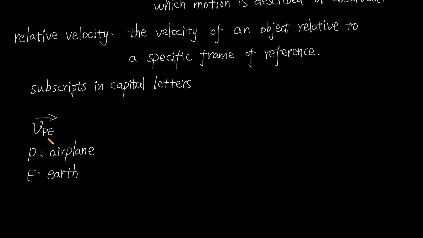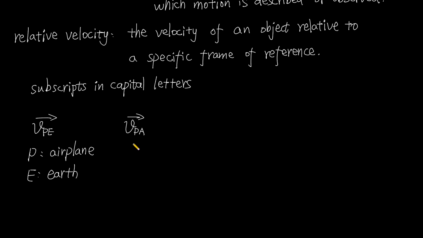So we look at here. The object is on the left and the frame of reference is on the right. Similarly, we can use this symbol to represent the velocity of an airplane relative to the air, or in other words, the velocity of an airplane relative to the coordinate system fixed with the air.